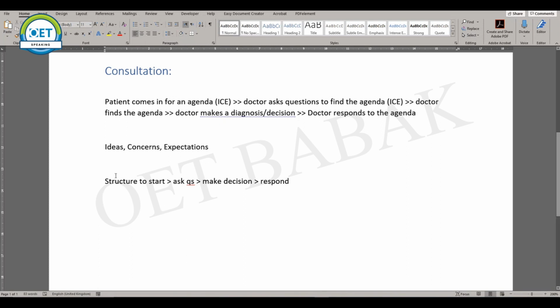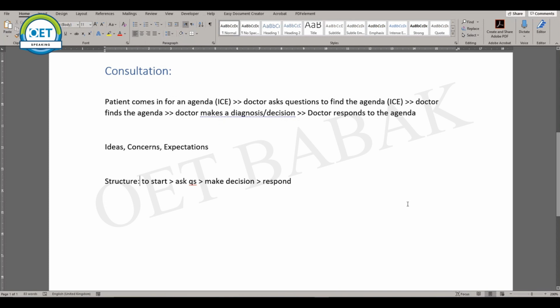Okay, so that is our structure. Start a conversation, ask questions to find the ICE. When you find the ICE, you decide if it is the right thing, and then respond to it.